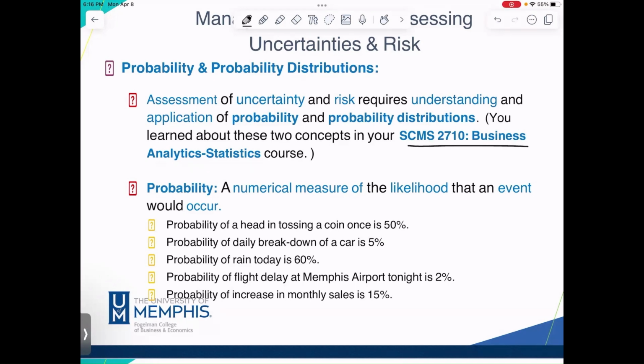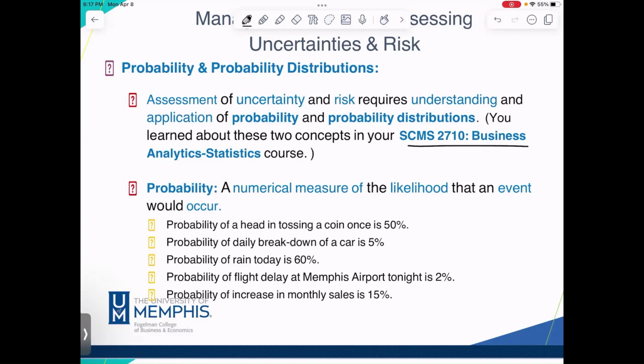So probability is a numerical measure of the likelihood of an event occurring, right? Generally, it's measured by the number of ways that a particular outcome can occur divided by the total number of ways.